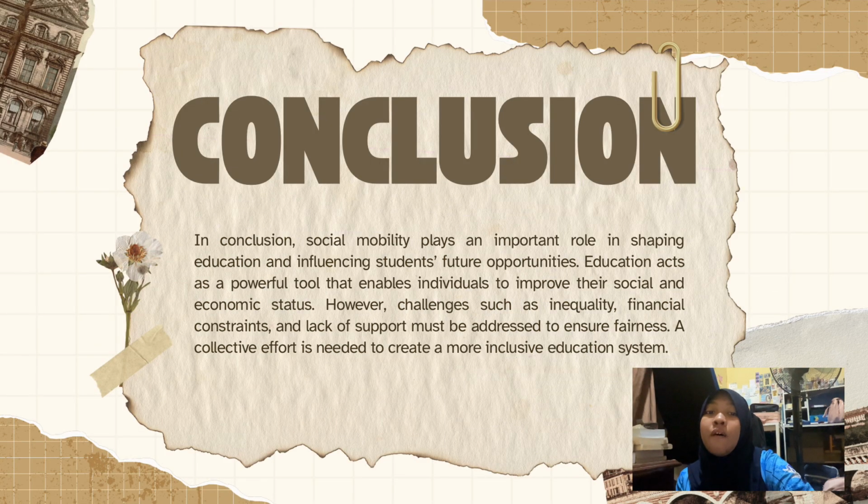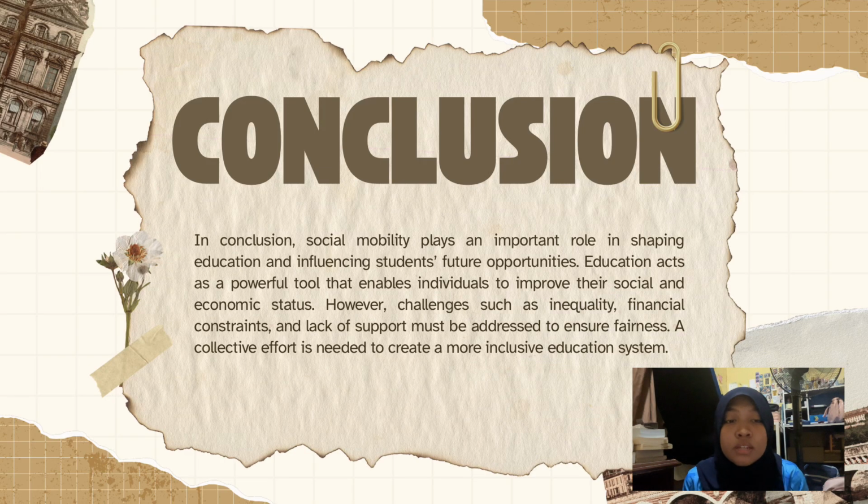And lastly, in conclusion, social mobility plays an important role in shaping education and influencing students' future opportunities. Education acts as a powerful tool that enables individuals to improve their social and economic status.